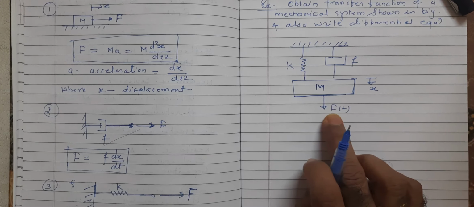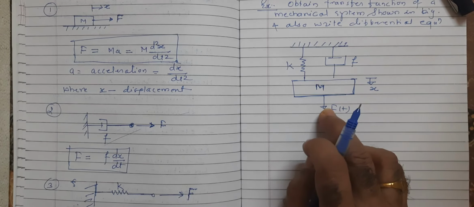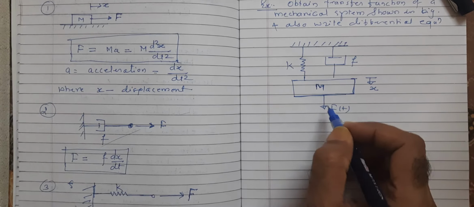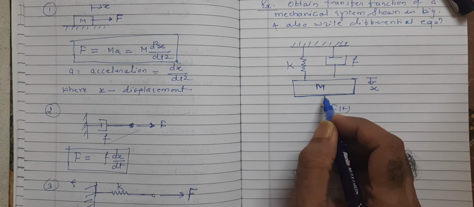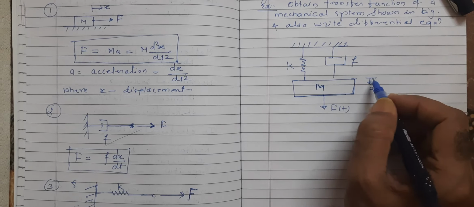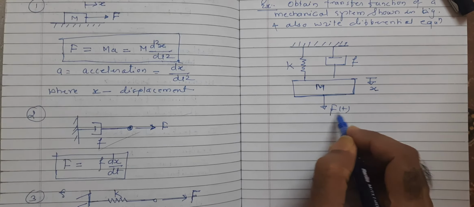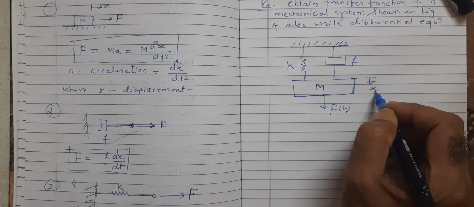Now see here, in this one f of t is the input, applied as an external force to the mass m, and we get a displacement x. That means f of t is an input and x is our output.